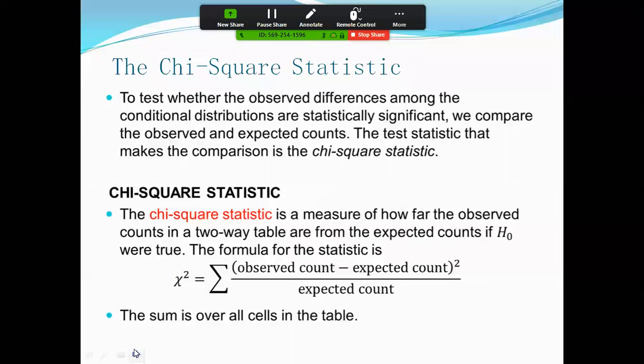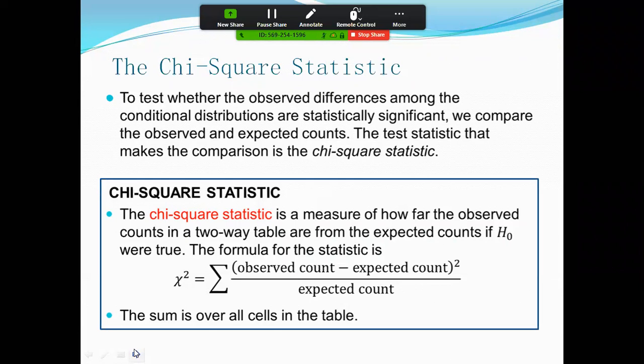The chi-square statistic. To test whether the observed differences among the conditional distributions are statistically significant, we compare the observed and expected counts. The test statistic that makes the comparison is the chi-square statistic.